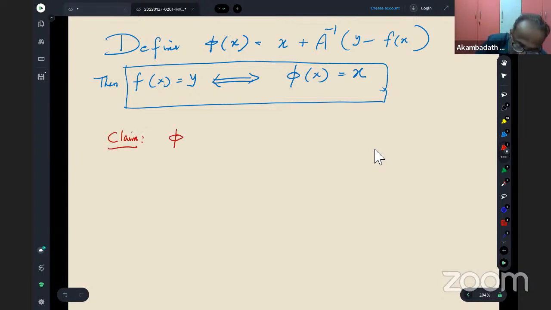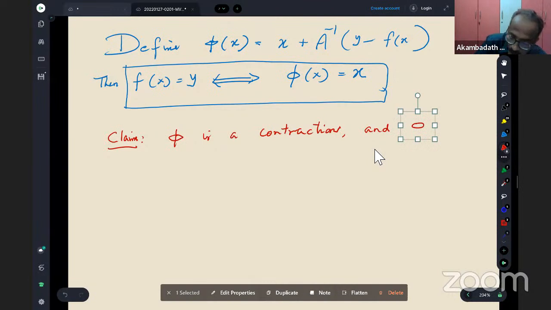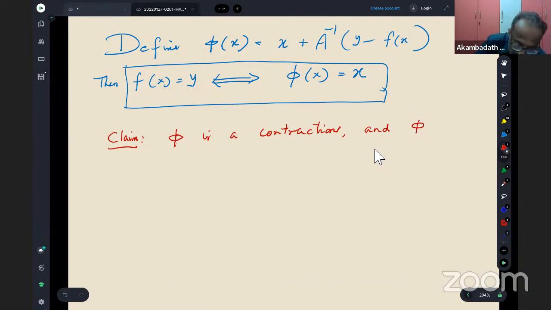Phi is a contraction, and phi maps some closed ball B bar into itself. I explained that today.